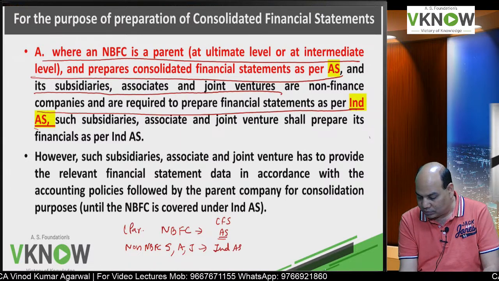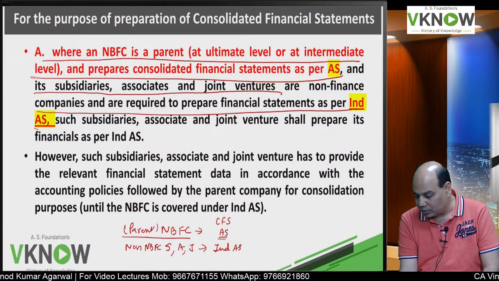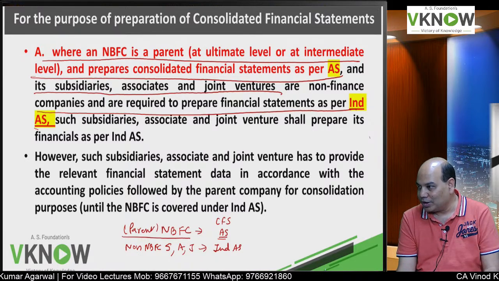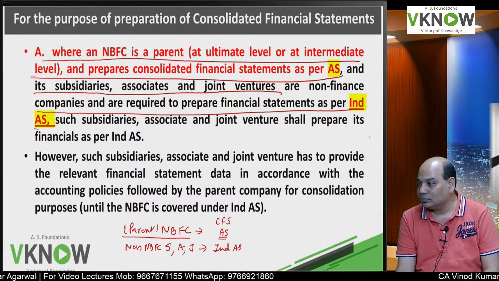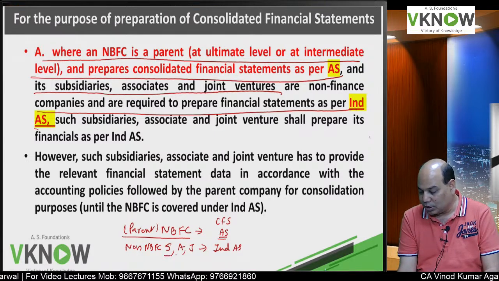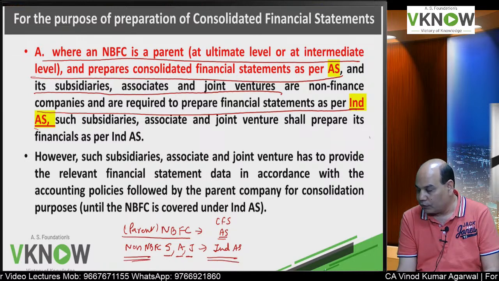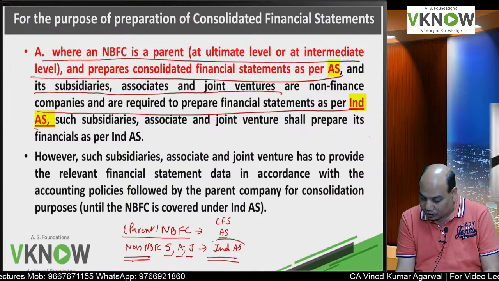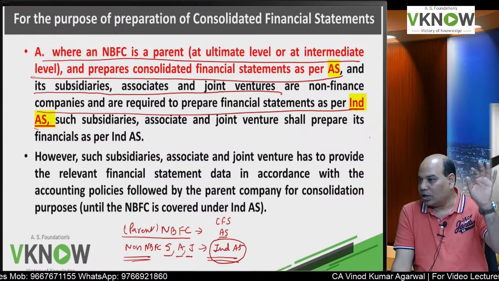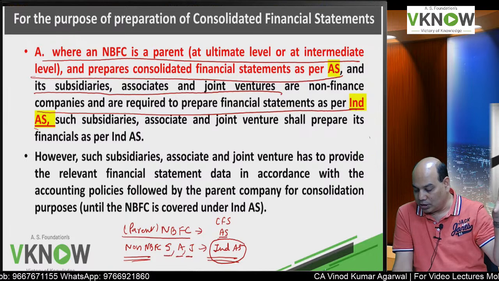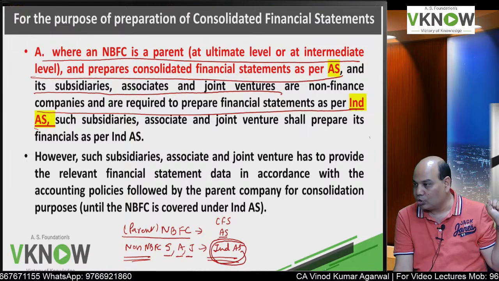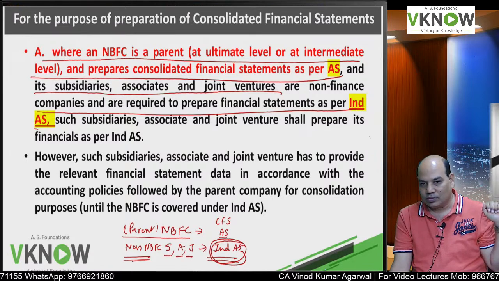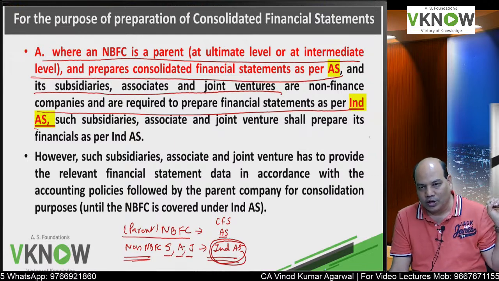Parent company NBFC is not following Ind AS. Subsidiary or associate or joint venture which are non-NBFC, they are following Ind AS. So now the question is, in the earlier part of the discussion we have seen, if Ind AS becomes applicable to one company, its parent will also follow Ind AS.